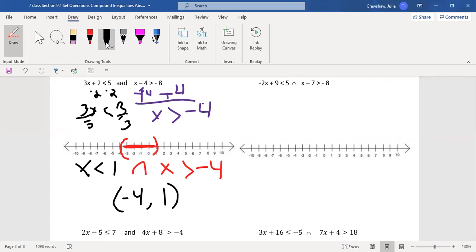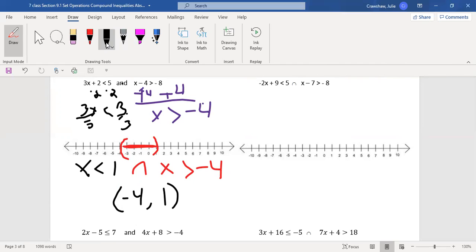It's just approaching 1. So the parenthesis negative 4, comma, 1 parenthesis looks like an ordered pair. But in this context, it's an interval on a number line. So sometimes in mathematics, you have to look at the context of what is being used in the situation to determine what it really is representing.